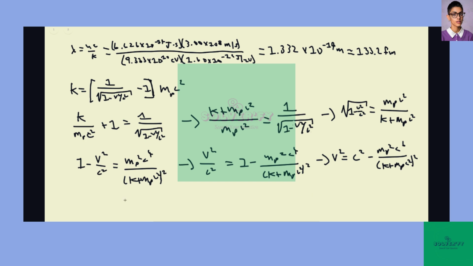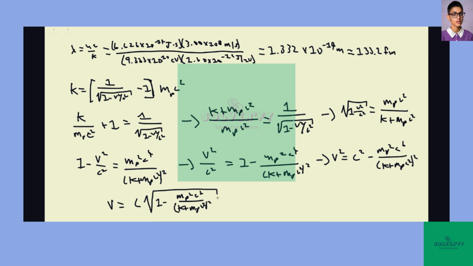So now v is going to be equal to c times the square root of 1 minus mp squared c to the 6th over k plus mpc squared, squared.